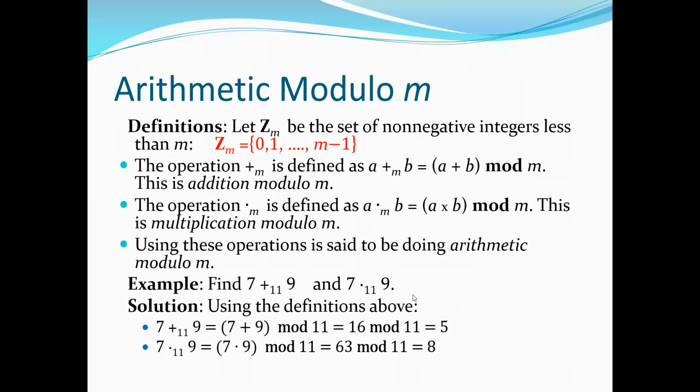That's the meaning of arithmetic modulo M. And here, 7 times 9 modulo 11, and when we divide, the remainder is 8. So that's arithmetic modulo M.